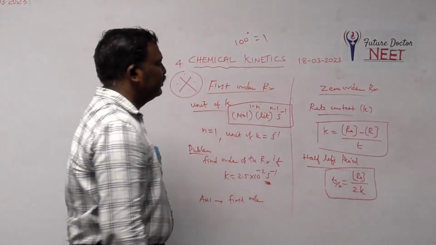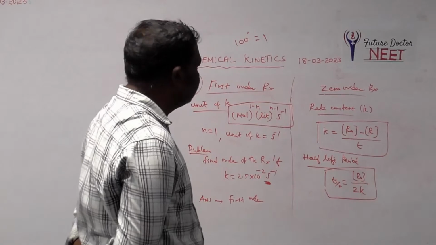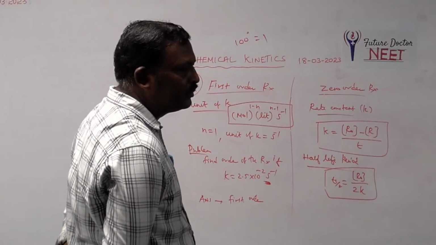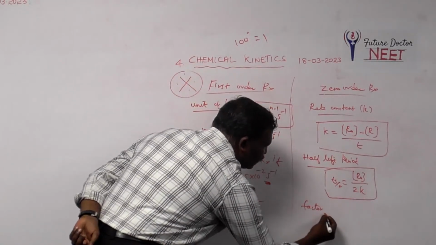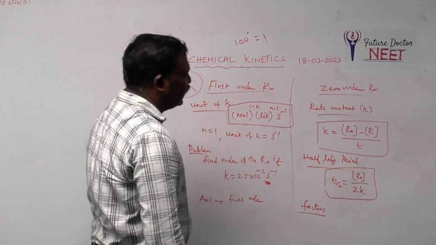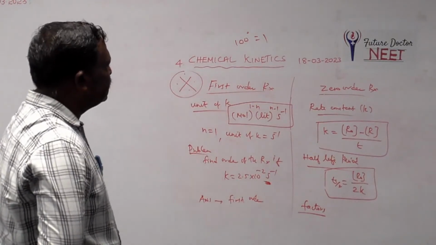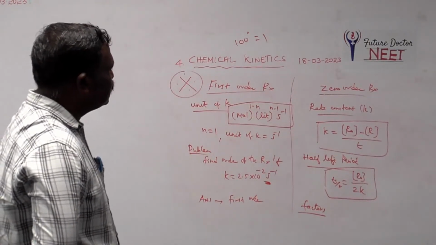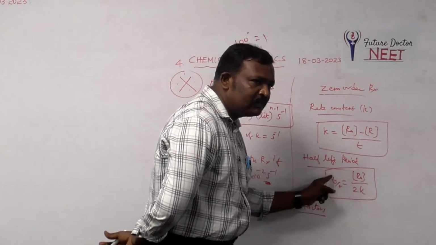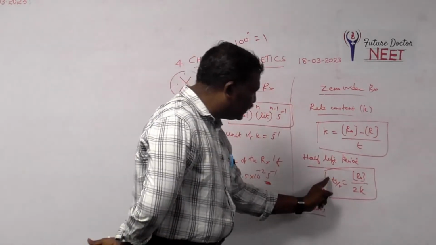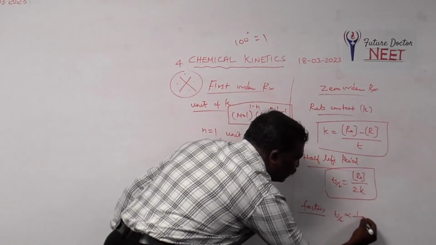It's a formula: R naught concentration by 2k. What are the factors? I told you, no? First factor: last time we studied that t half is inversely proportional to k, 1 by k.